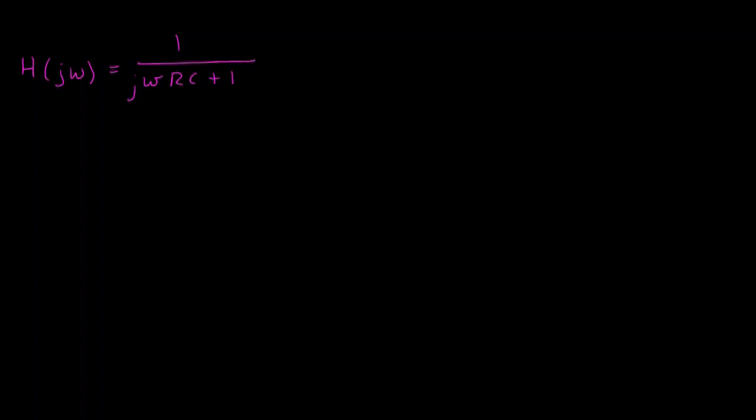It's a frequency-dependent function that evaluates at any given frequency to a complex number. The magnitude of that complex number is going to be the magnitude of our function H, and so the magnitude is going to be the magnitude of, yes, you guessed it, 1 over j omega RC plus 1.